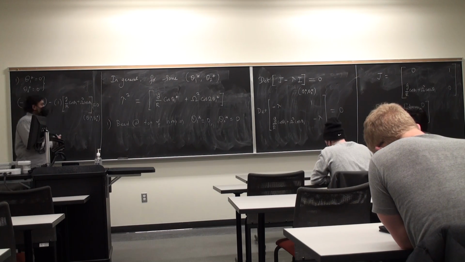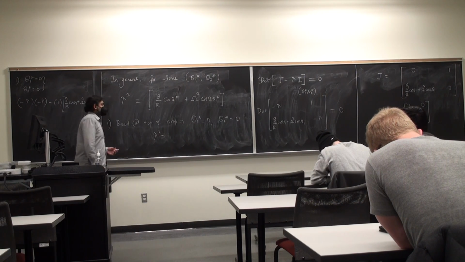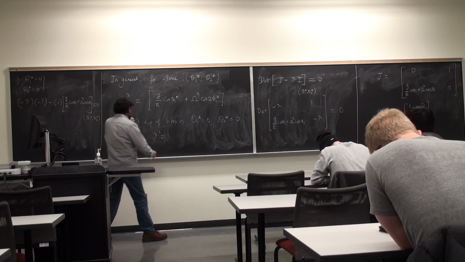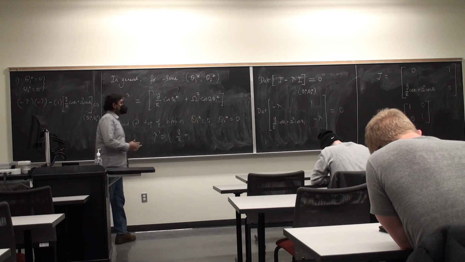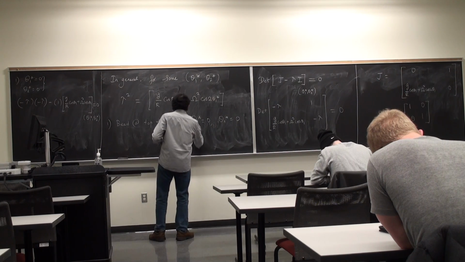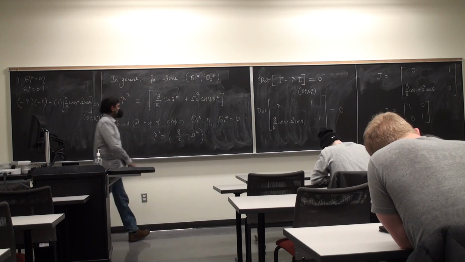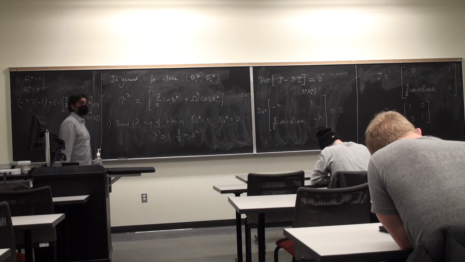Okay, at theta 1 star, lambda square, cosine of 0 is 1, so this is g by r. Cosine of 2 times 0 is also cosine of 0, which is 1, so this is plus omega square. Which invariably tells me that lambda is plus or minus square root of a positive quantity.